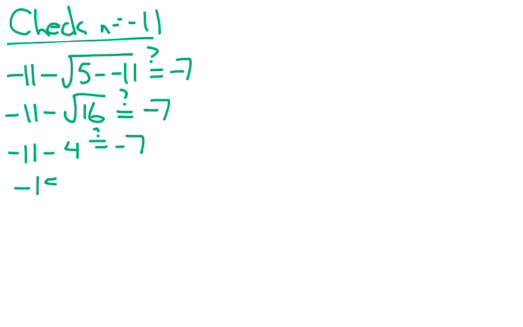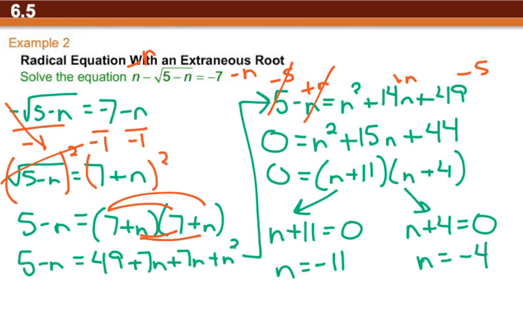And we can see at this point the left side works out to negative 15, the right side is negative 7. So this is, as I said before, a consequence of the method. Sometimes we will get answers that don't work. So what we need to do is to actually say that n equals negative 11 doesn't work. The way we do that, single line through it, and we just say that we reject it.